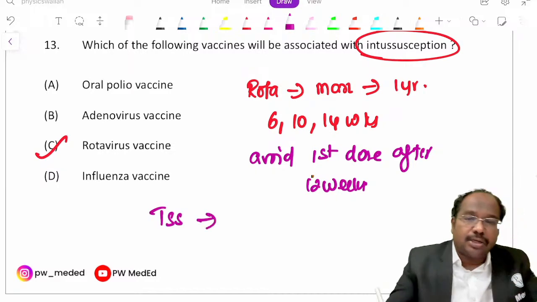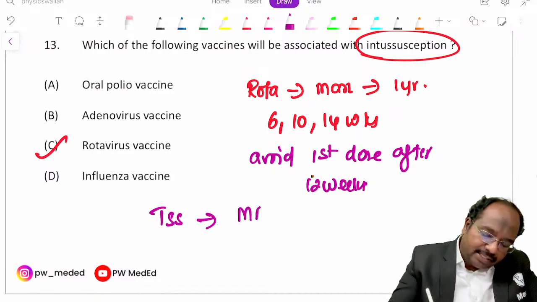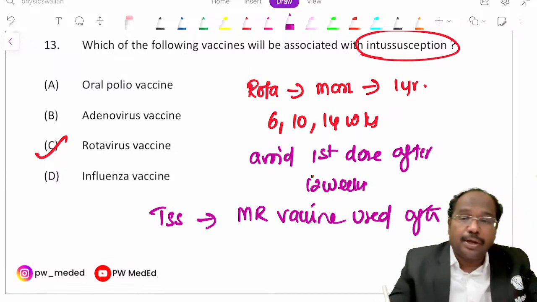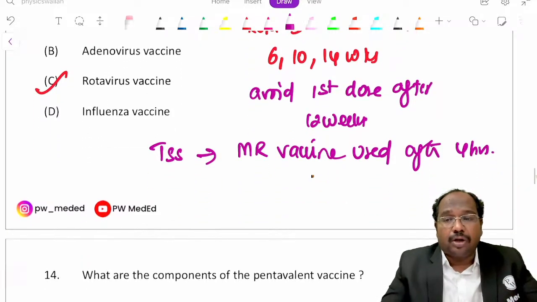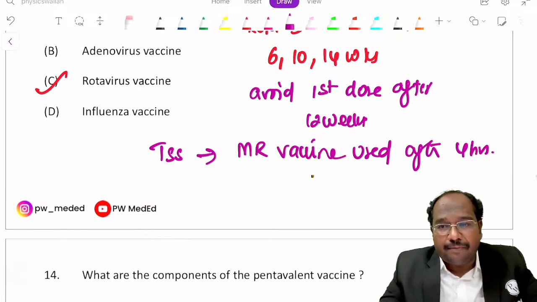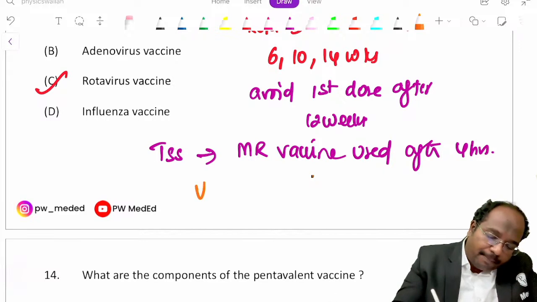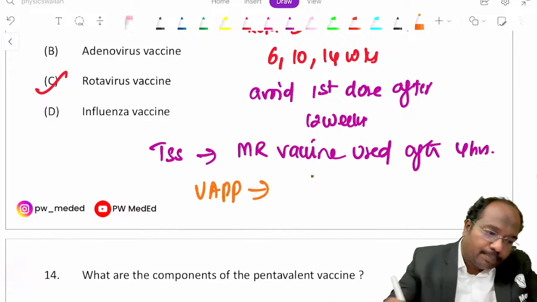Now, what other points do we need to know? TSS, toxic shock syndrome: if the MR vaccine is used after 4 hours, you can get toxic shock syndrome. Then VAP, vaccine associated paralytic polio.